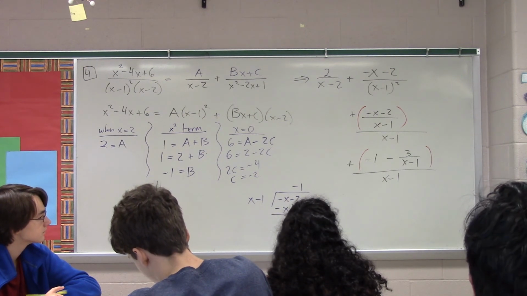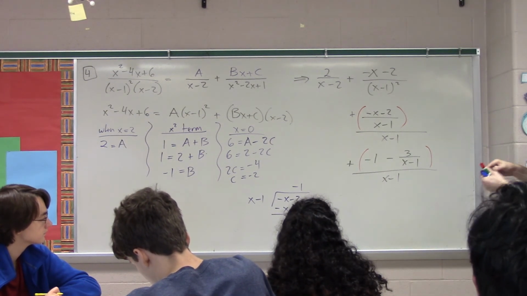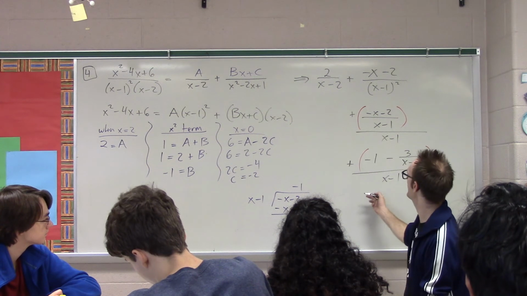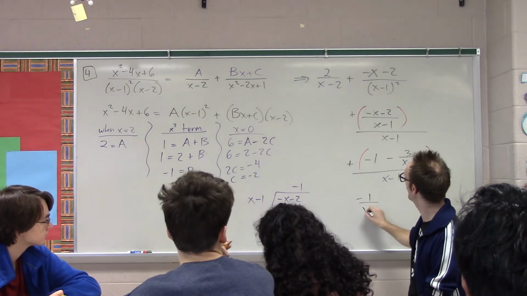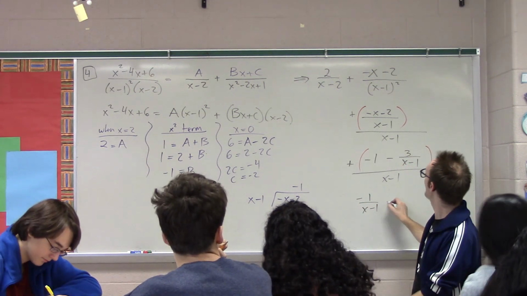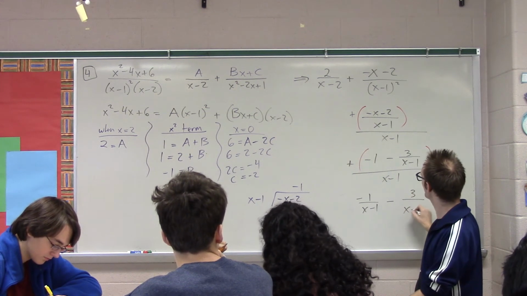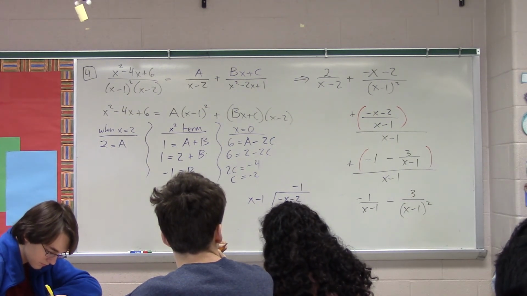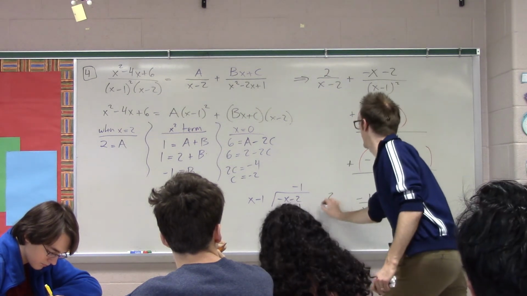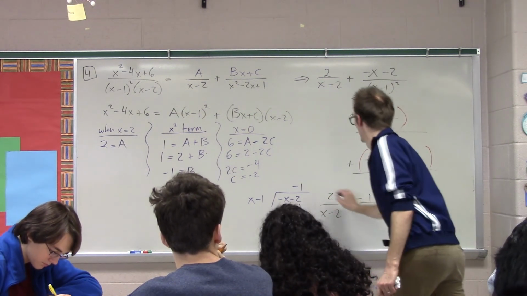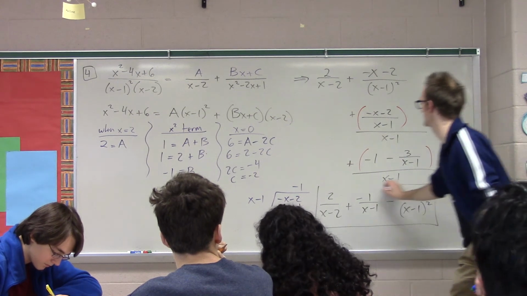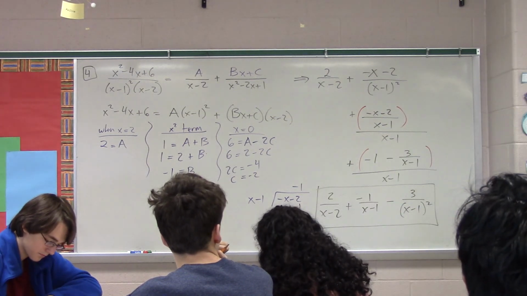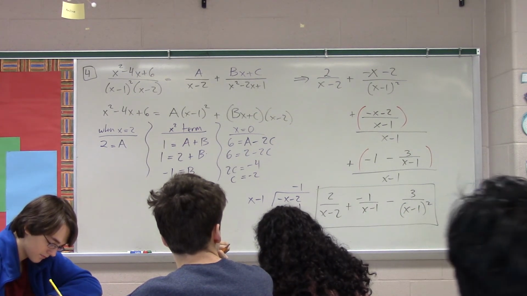Right? Say right. Right. Okay, so then the real answer, in its most simplified form, is negative 1 over x minus 1 minus 3 over x minus 1 squared. And then there's this 2 over x minus 2. Who is following all this? Okay. Right?